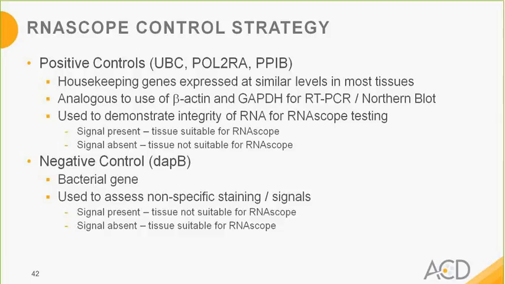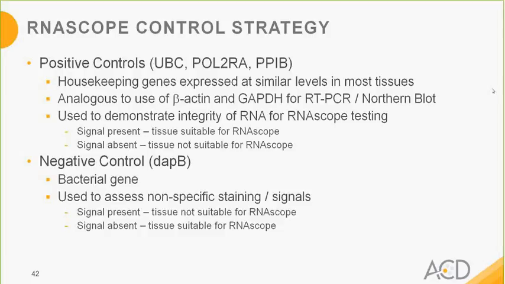The common positive controls utilized in RNAscope assays include UBC, POL2RA, and PPIB, and their use is really analogous to the use of genes like beta-actin, GAPDH, and other similar types of housekeeping genes in RT-PCR and northern blot experiments.